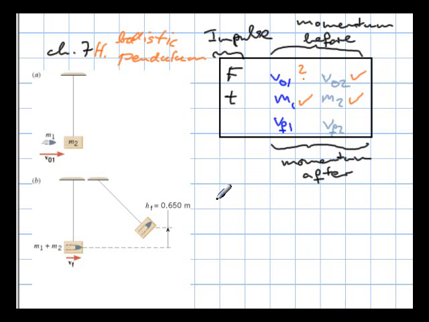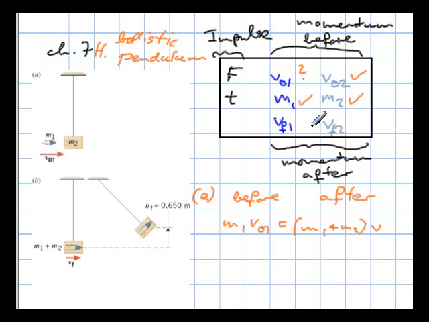Okay, let's see. So before the collision and after the collision, I'm going to make an A here because this goes with drawing A. So before and after, we have M1 times V01 equals, after the collision, the two are stuck together, so it's M1 plus M2 times their final velocity.